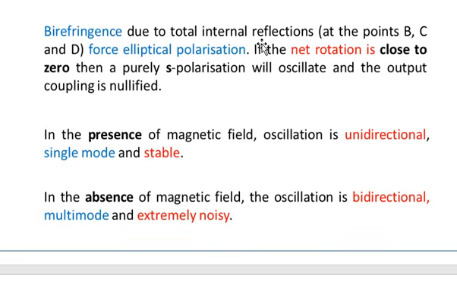Birefringence due to total internal reflections at points B, C, and D forces elliptical polarization. If the net rotation is close to zero, then a purely S polarization will oscillate and the output coupling is nullified.